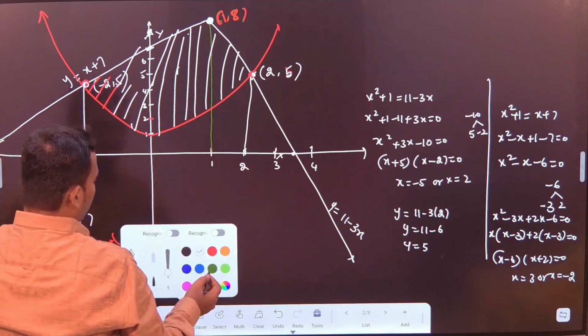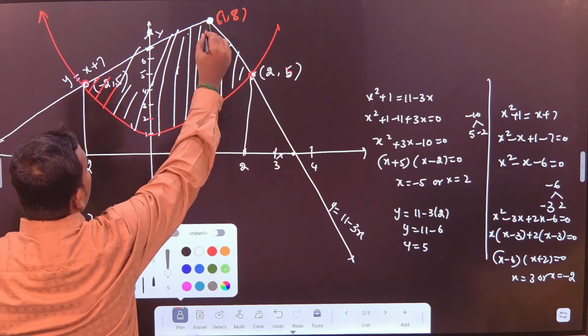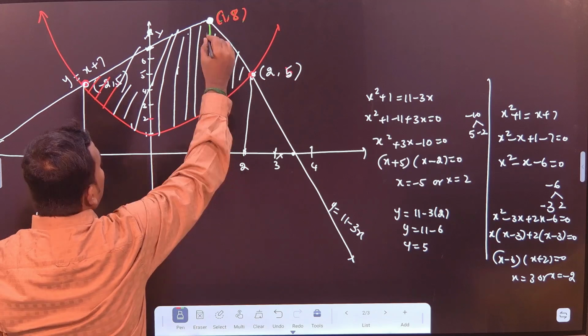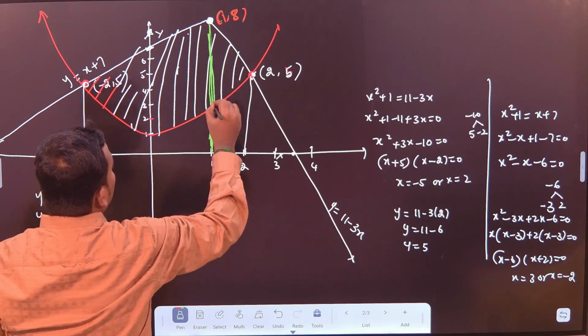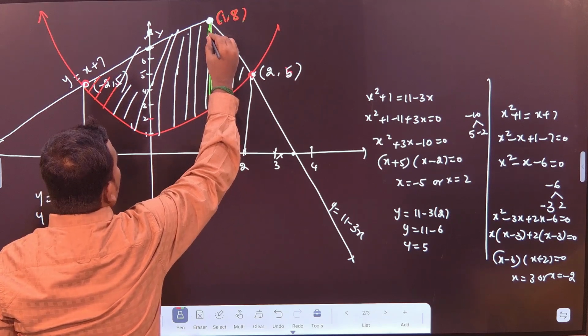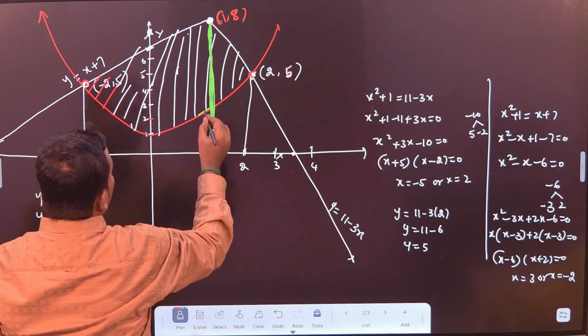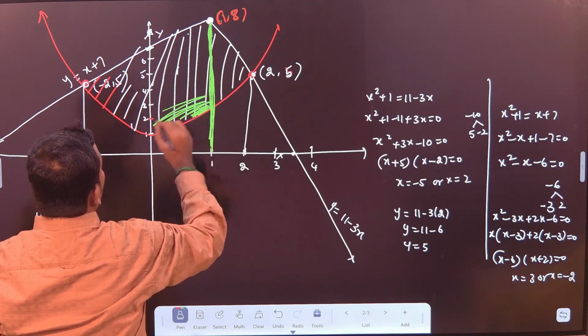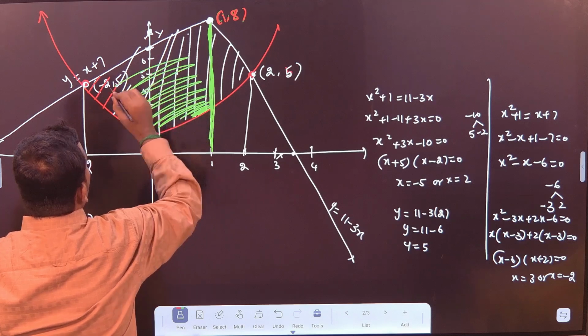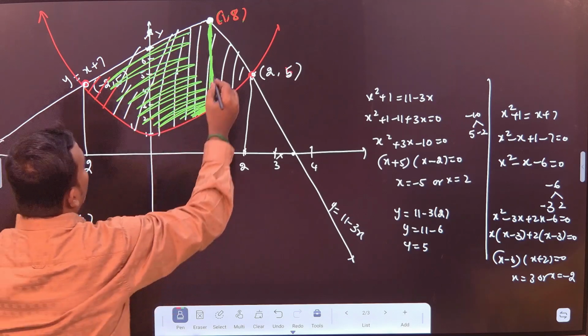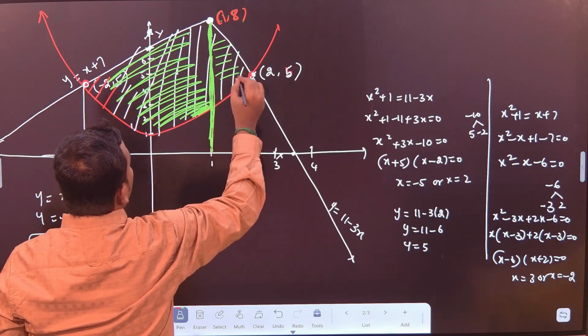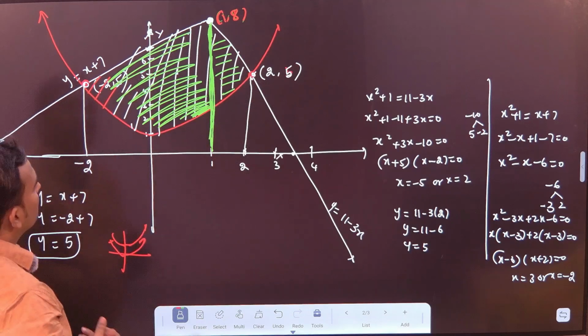So what we can do, you have to break this into 2 parts. We need this portion, and then this portion. Clear?